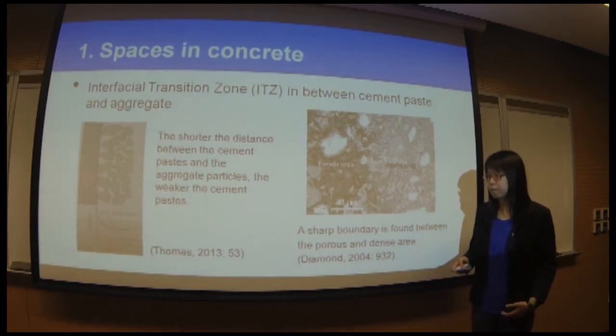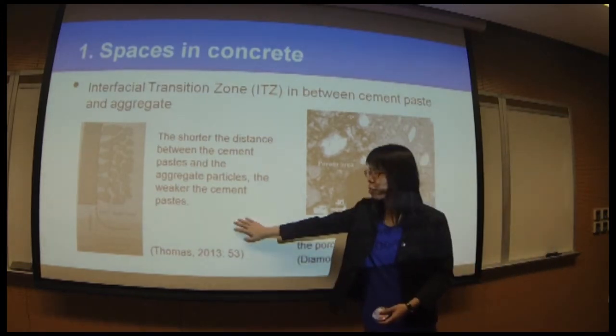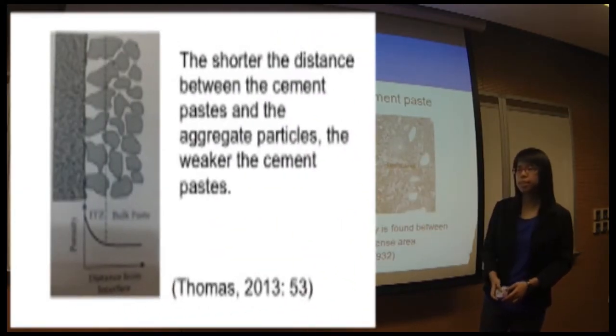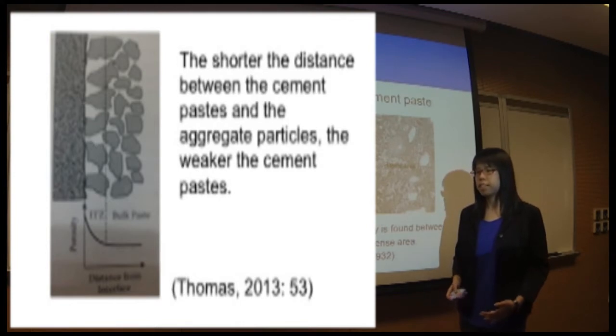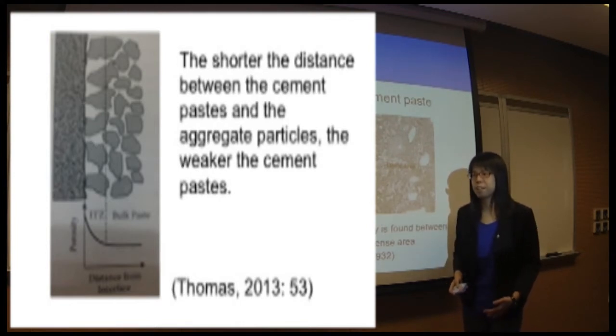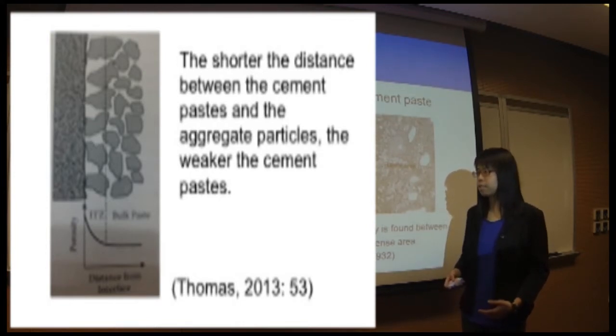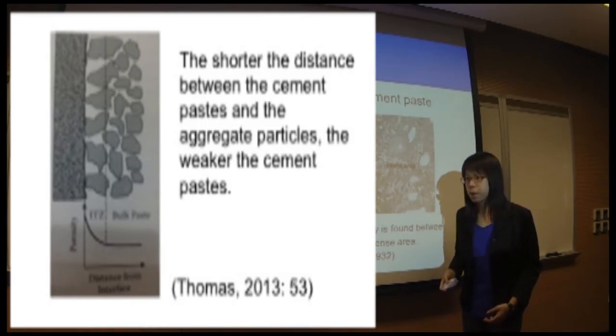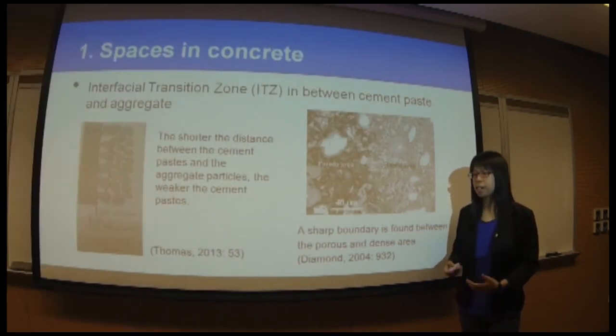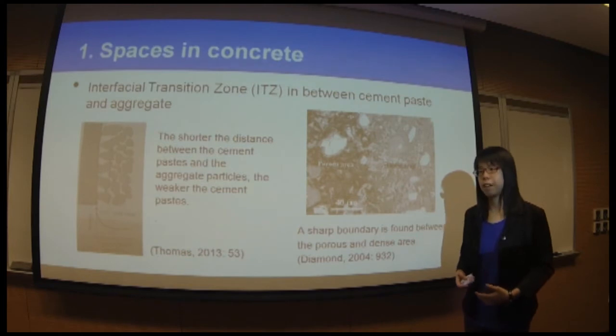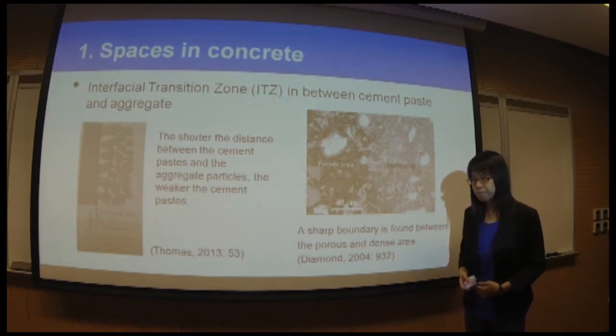And we can see from this picture that the shorter the distance between the cement paste and the aggregate particles, the higher the porosity, and therefore the weaker the cement paste. And actually these are the interfacial transition zones.